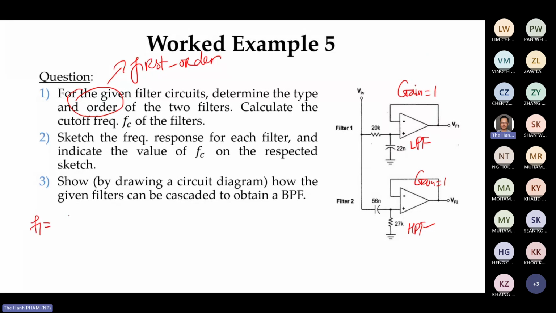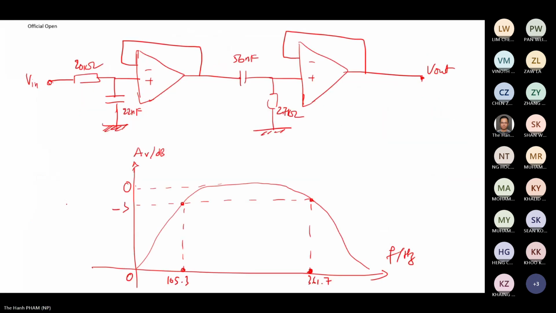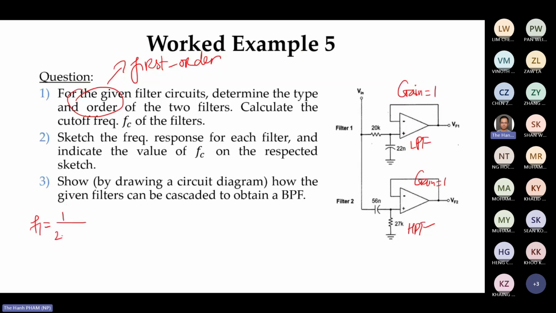F1 is 1 over 2 pi times 20k times 22 times 10 to the minus 9. So this one should be 361.7 Hertz.